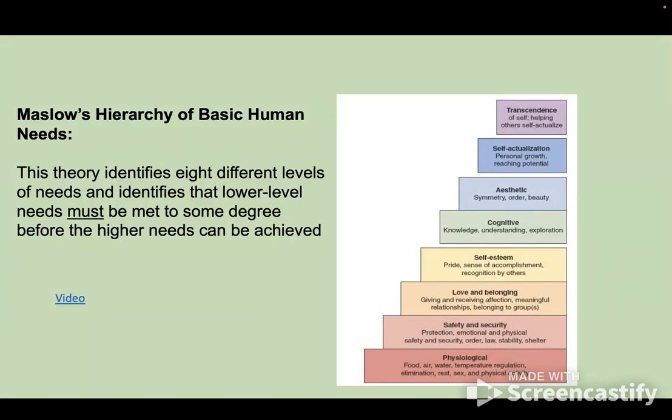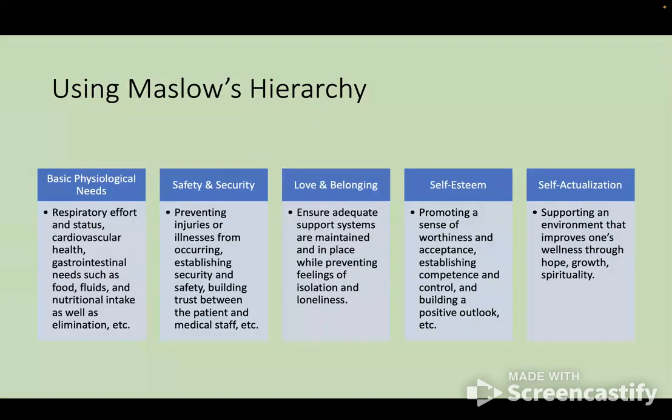So as you move up the steps, we want to think we've met the basic needs first. So think about when you're taking care of your patients, making sure that they have water, offering water to them. Those things are important, making sure they're comfortable before we meet the needs of the higher level. So this looks at each of those a little bit further.